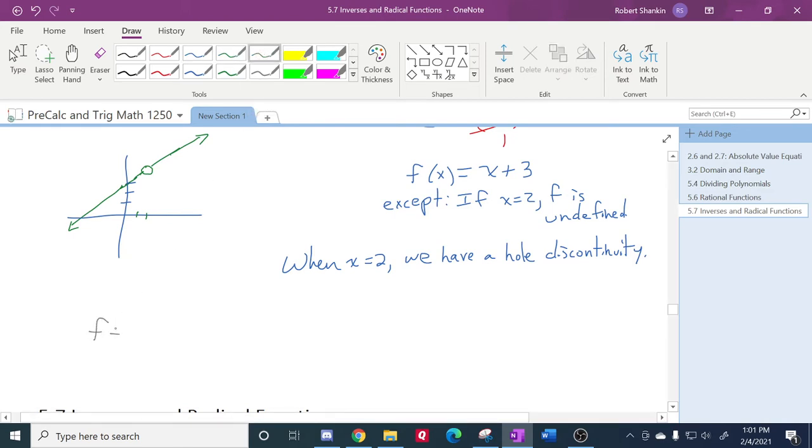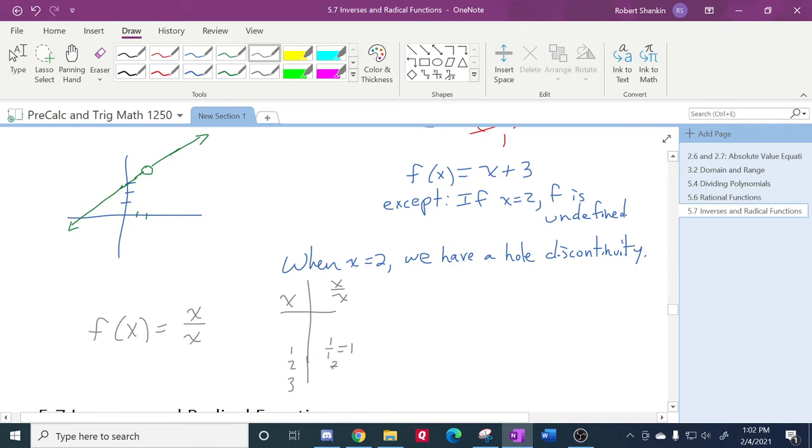f of x is x over x. Now, look at this. When x is 1, 2, 3, when x is 1, you get 1 over 1.